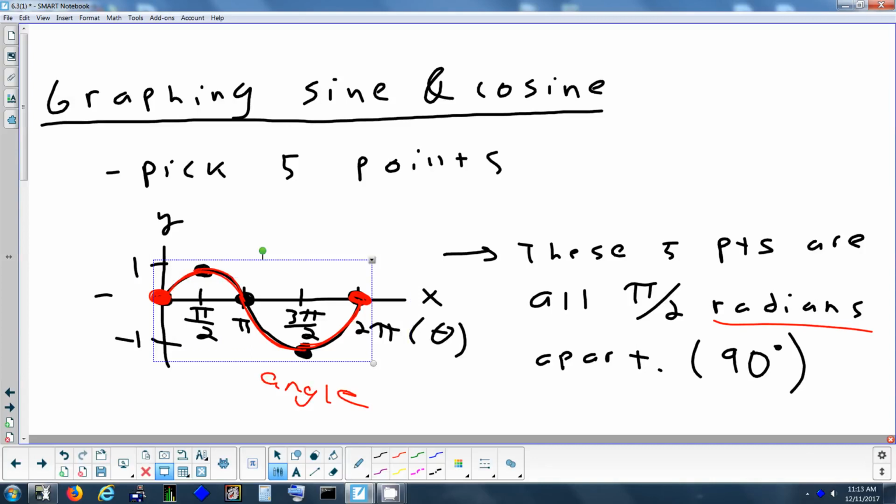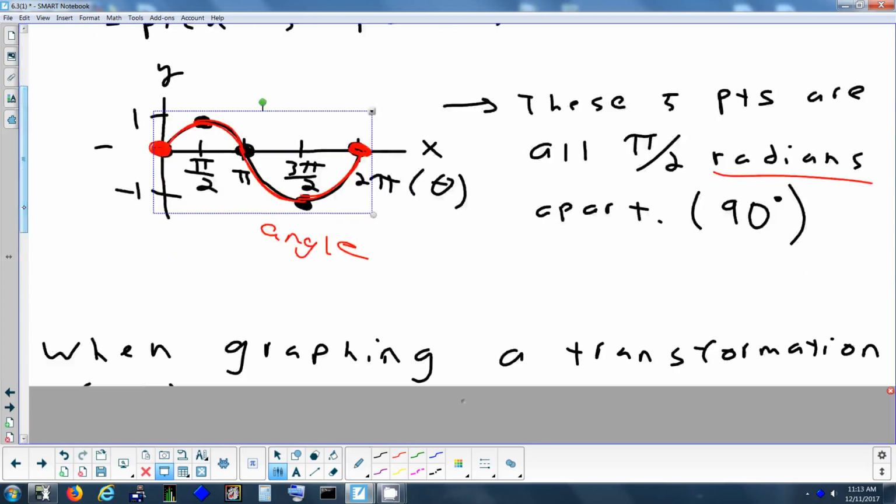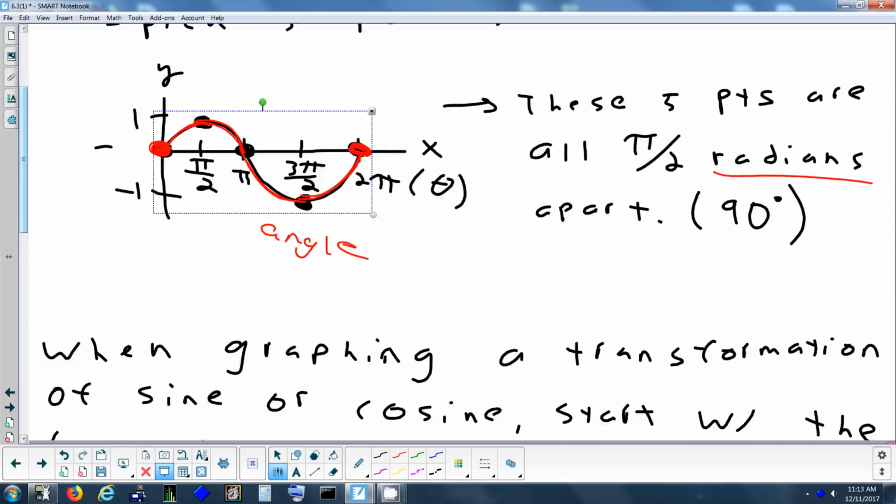Okay, so what we want to do is make a table of those points. Okay, let's put them in a table. Because if you want to graph a transformation of that, first you have to know where does it start. And then once you know where it starts, you can figure out where it moves to. And the 4 transformations we're going to study are the same 4 we've done with every function all year.